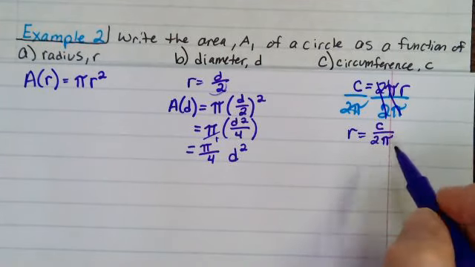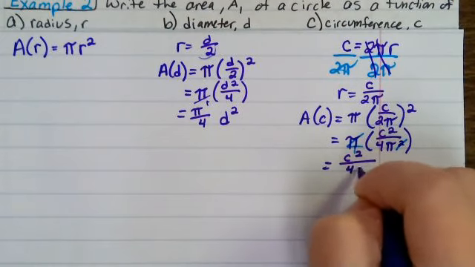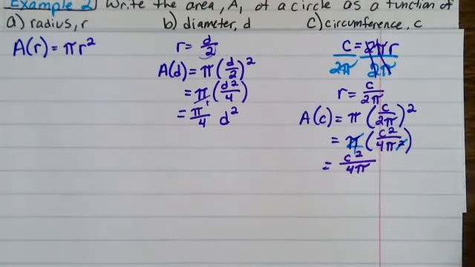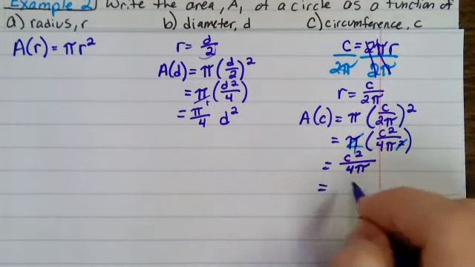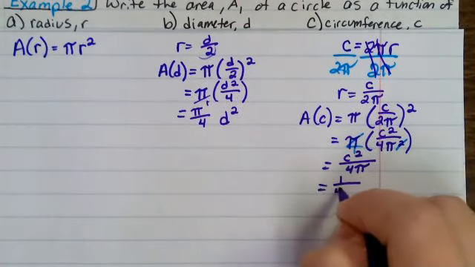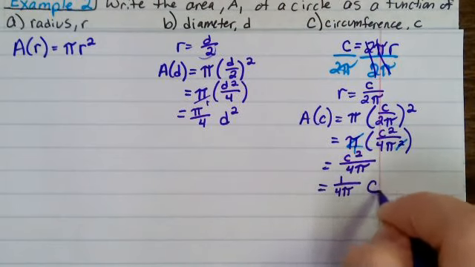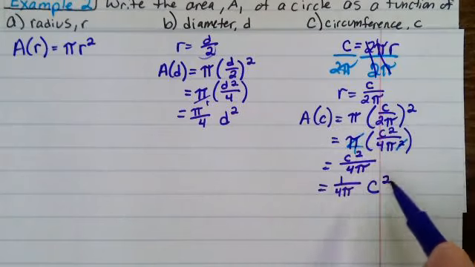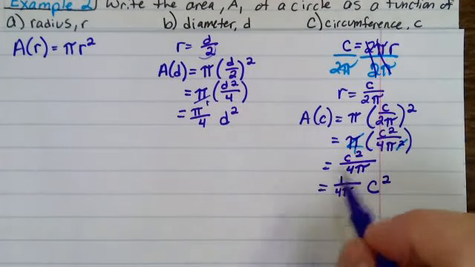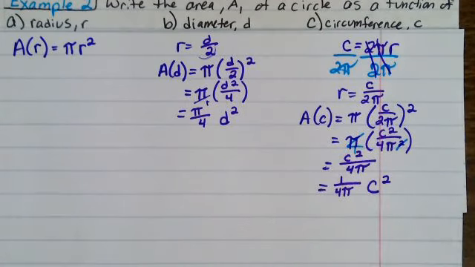So it cleans up just a little bit more, becomes c squared over 4 pi. Remember how I said sometimes it's nice to write the number first and the variable second? This is the same thing as 1 over 4 pi c squared. If you wanted to go directly between your area and circumference, this formula would allow you to do that, which I think is a pretty neat trick.